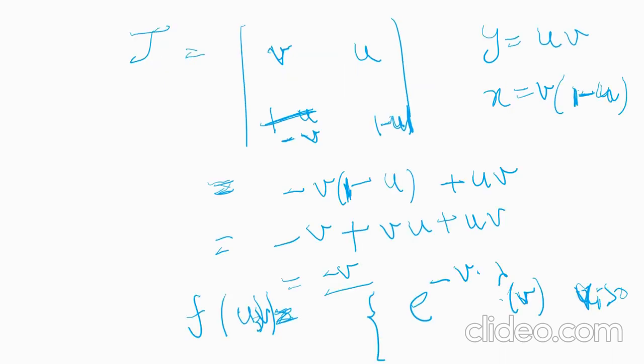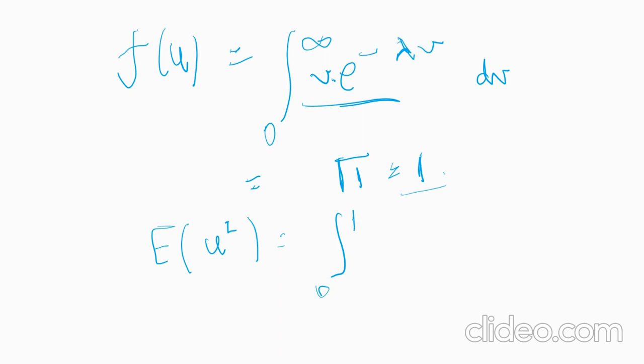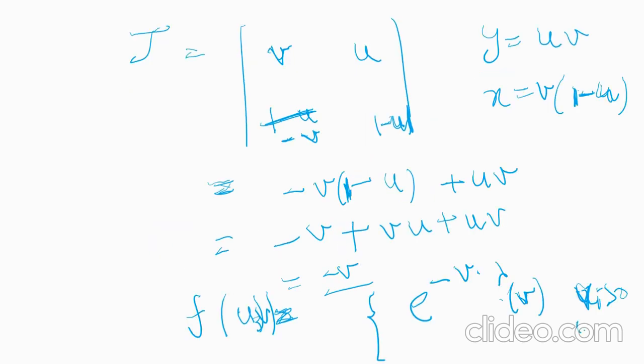So what is this? That one will be gamma 2, which is 1, with lambda square. And then the expectation of u square will be what? u will be in between 0 and 1. Why?